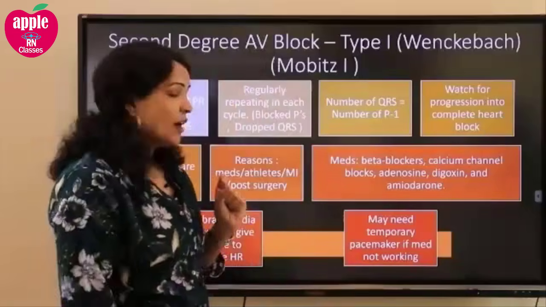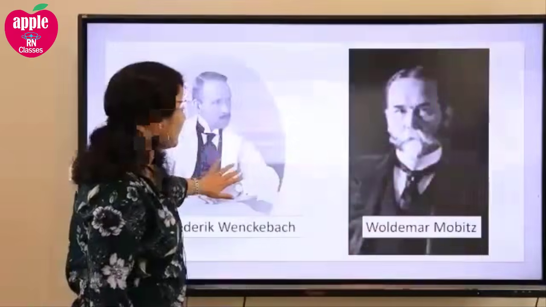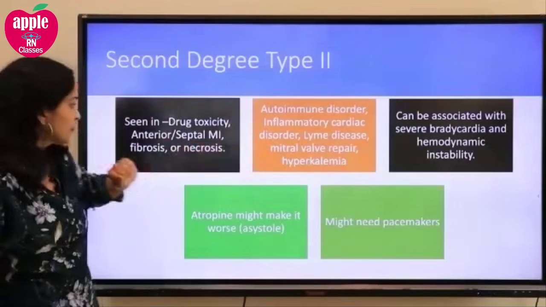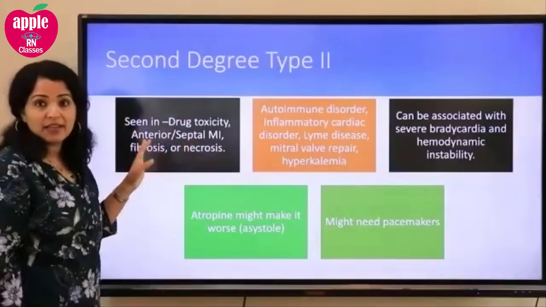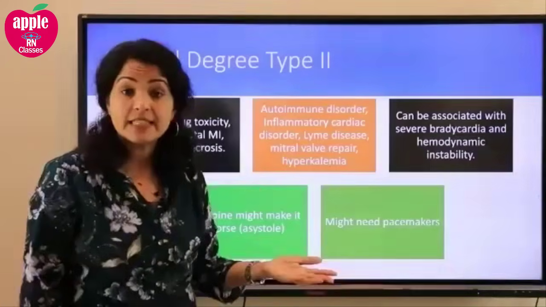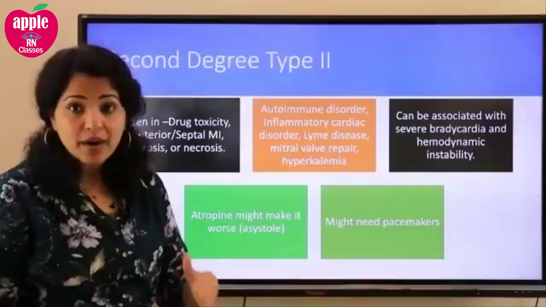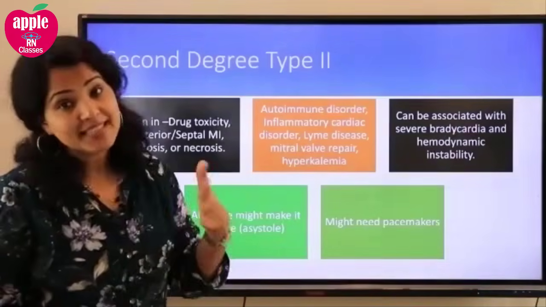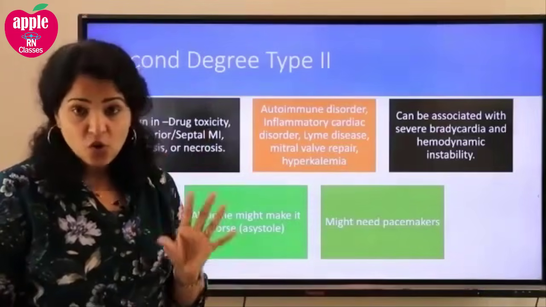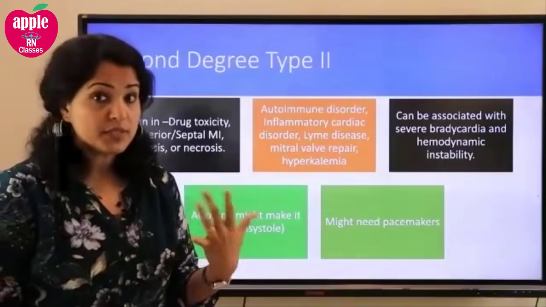Okay. Now, I want you to remember the reasons though for type 2, and that is these ones. Okay. Mainly, everything which we talked about in our first degree and second degree type 1, those medications, MI, surgery, all those things can affect, but there are some new things which might cause the type 2 problem, which is a more serious problem.